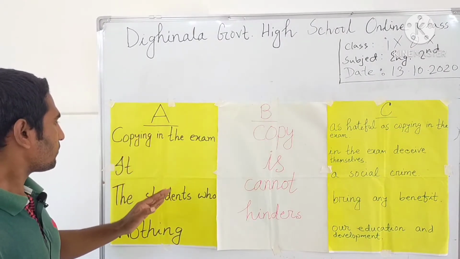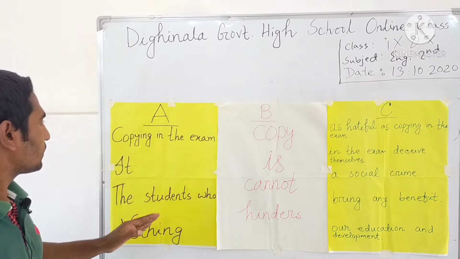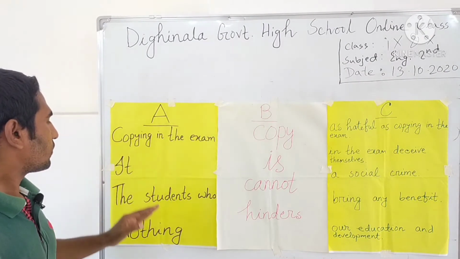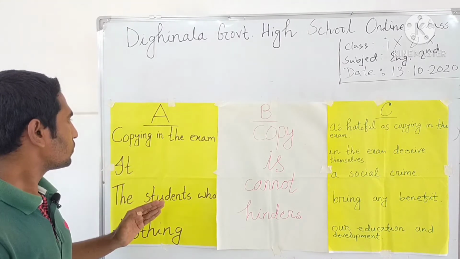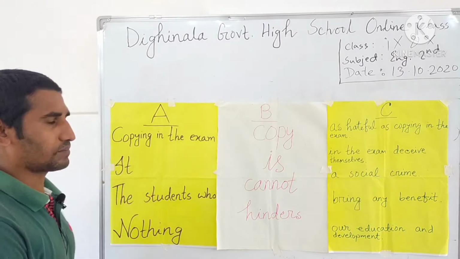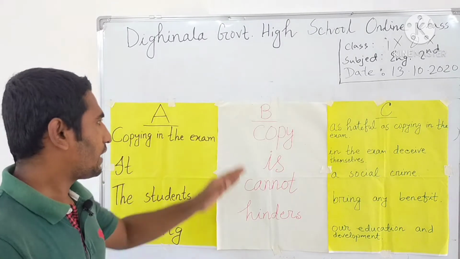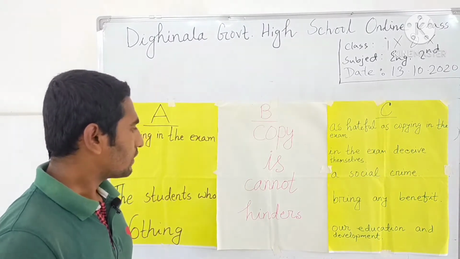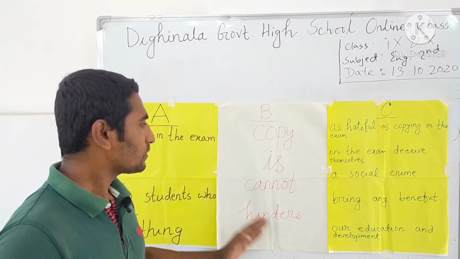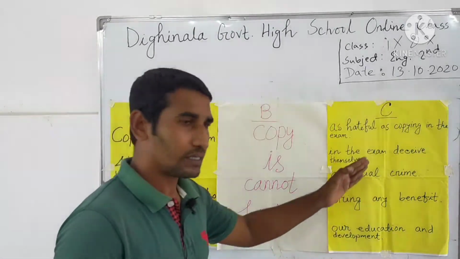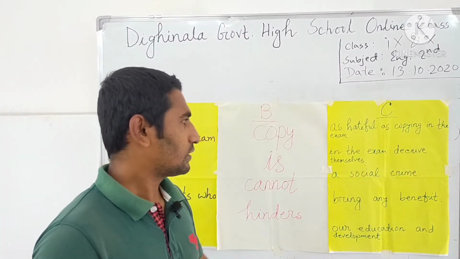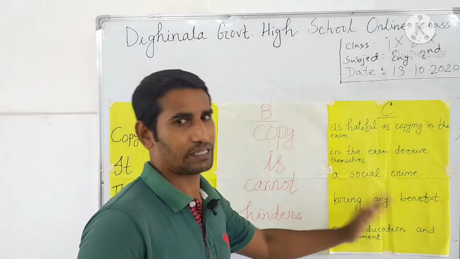In column A there might be 1, 2, 3, 4 or 5 items, and in column B there also might be 1, 2, 3, 4 or 5 items. But in column C there must be 5 items.